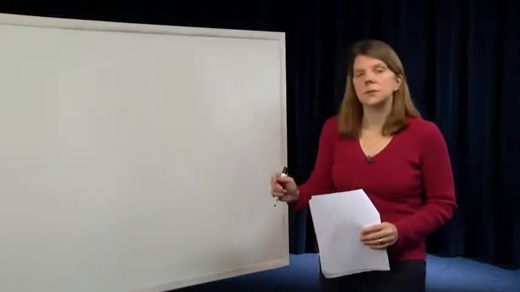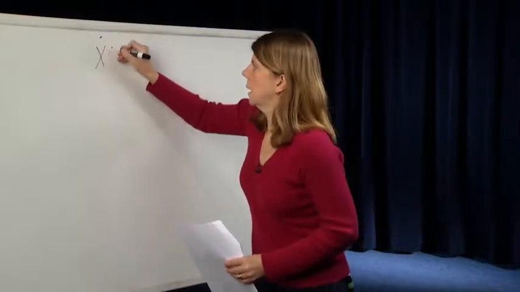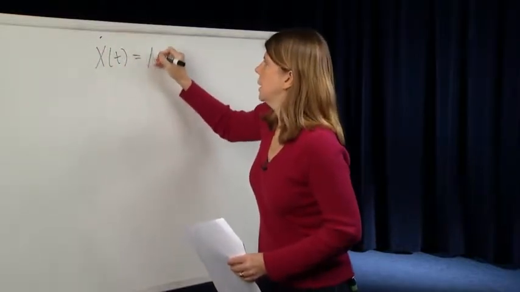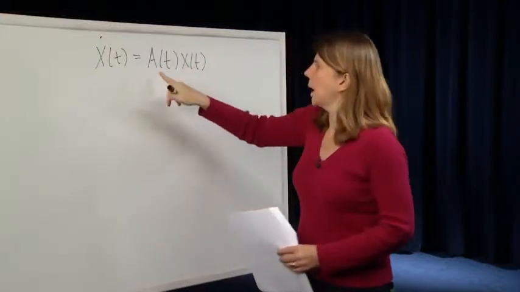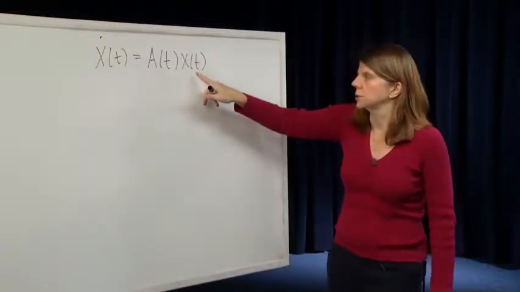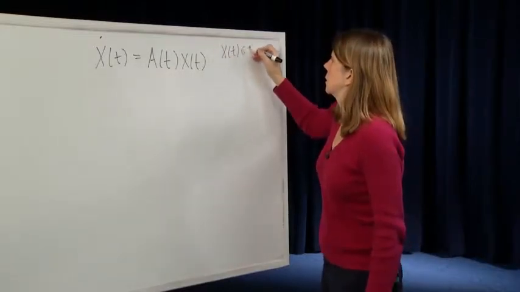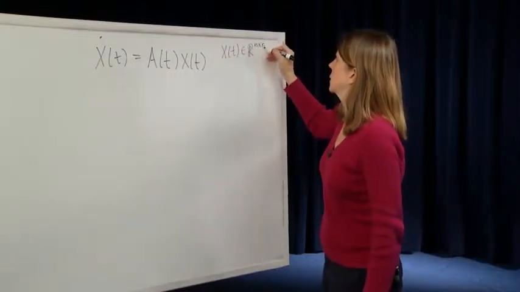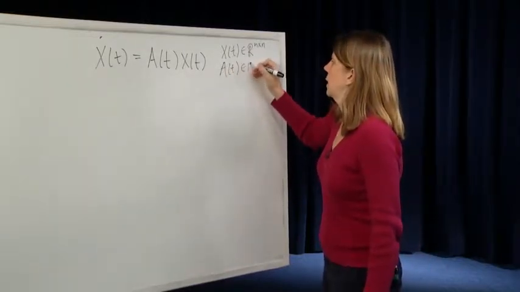It's given as the solution to the following matrix differential equation: x dot of t is equal to A of t x of t, where in this case, x of t is a matrix. So it's a matrix in R n by n, and of course A of t is our n by n matrix.